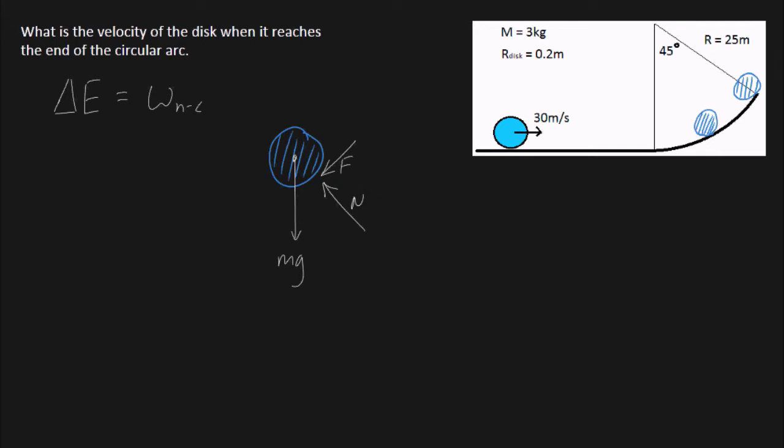Okay, so now let's consider the work done by the non-conservative forces. These two, bingo, are the non-conservative forces, but they both do no work. Recall that work is your force times the distance moved in the direction of your force, right? So the work done by your normal force is going to be 0, because the normal force is always perpendicular to the movement of the center of mass of your disk.